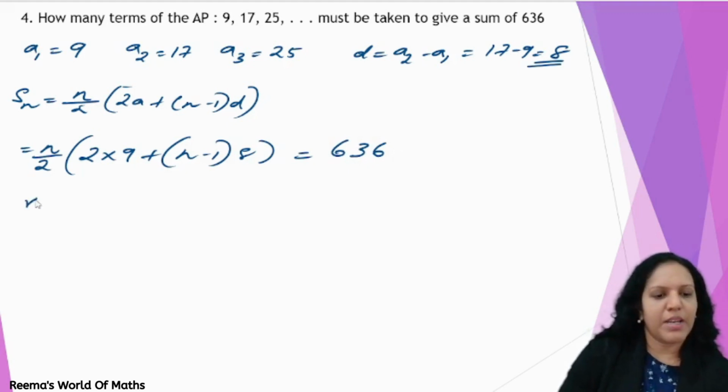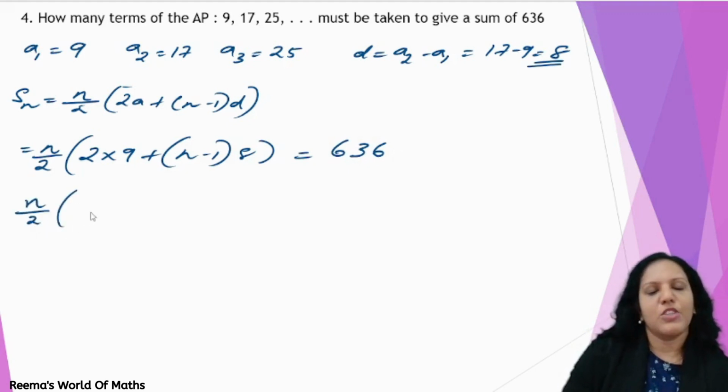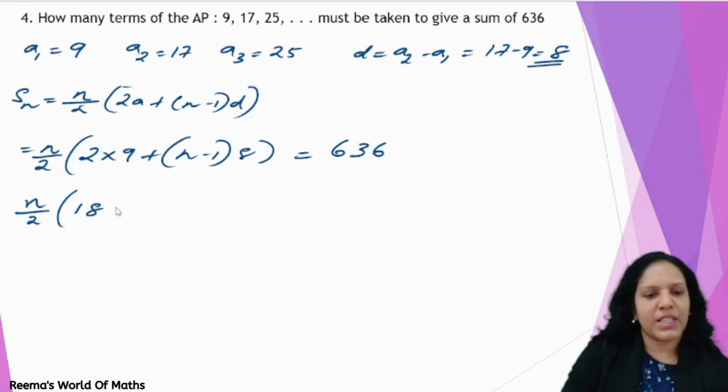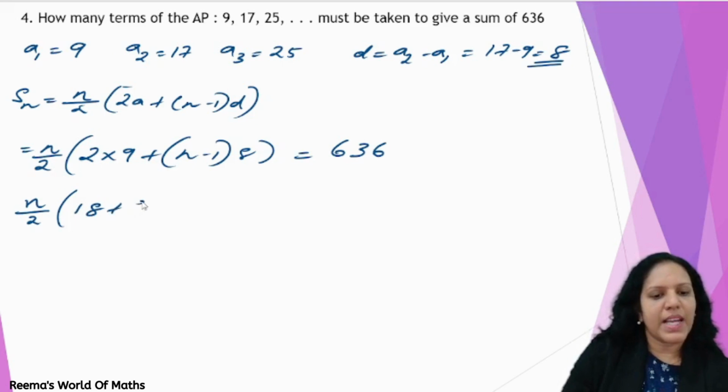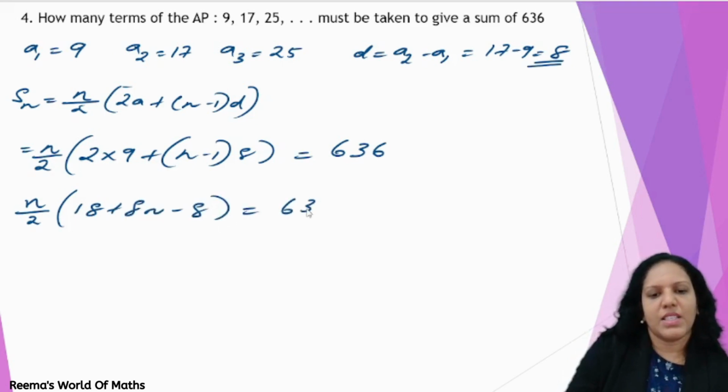So that will be n by 2 multiplied by 2 times 9, which is 18, and we can remove the bracket here: 18 plus 8n minus 8 equals 636. Let's divide this by 2.